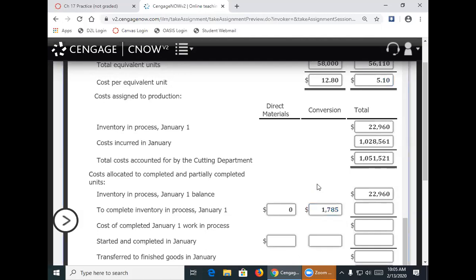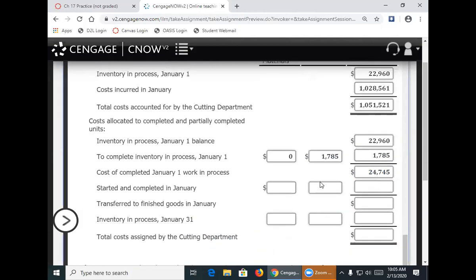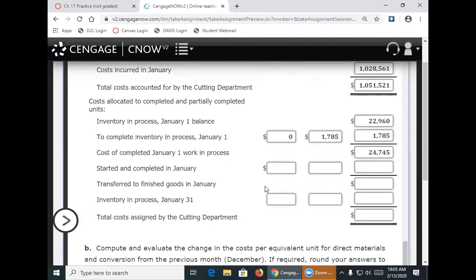So to finish completing those beginning inventory units, it would take an additional $1,785. So the cost of completed January 1 work in process, I just add those two together: $24,745.